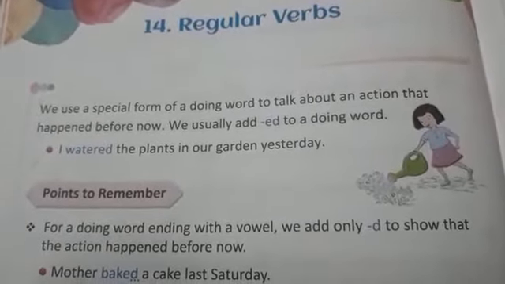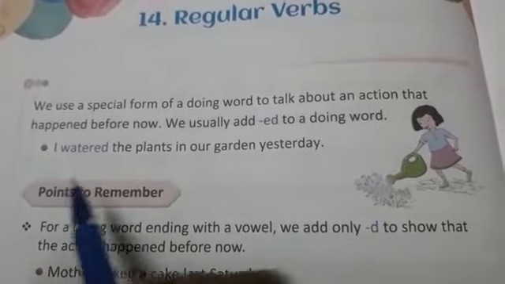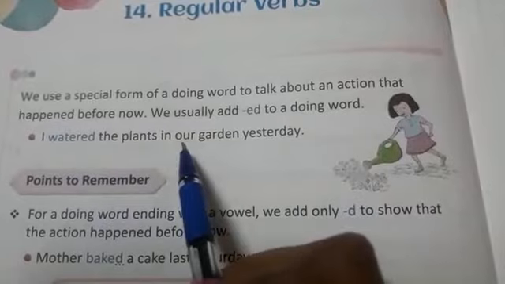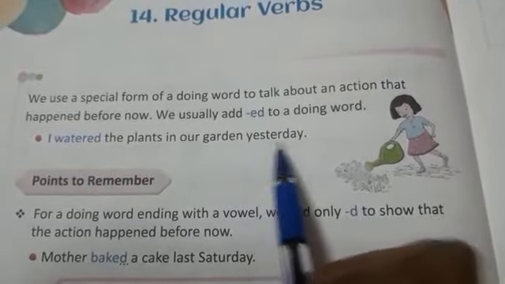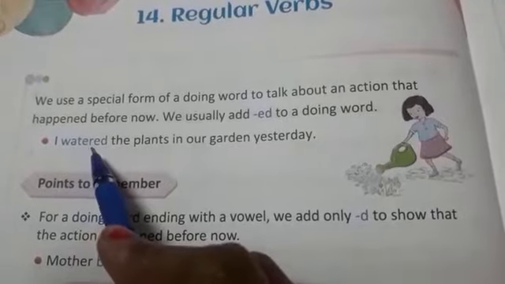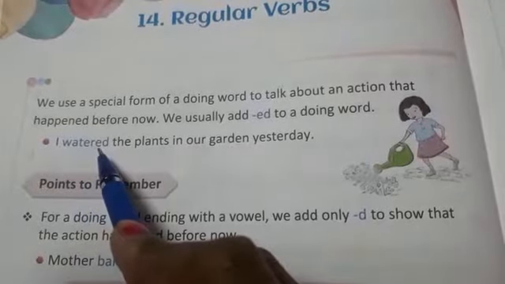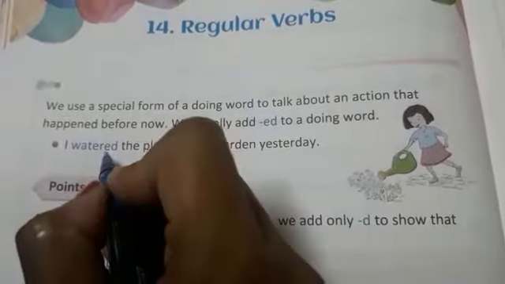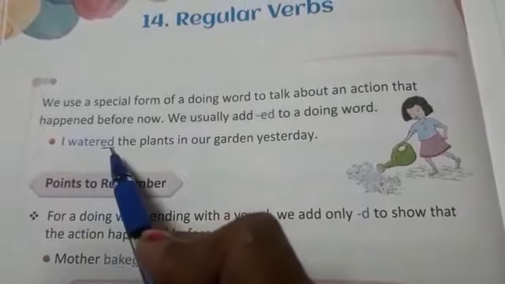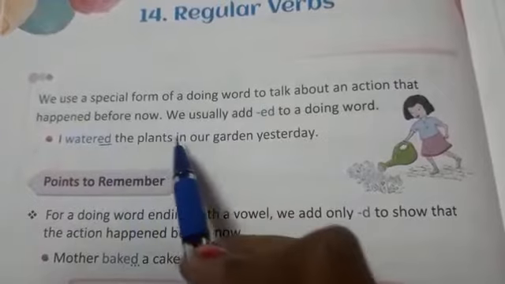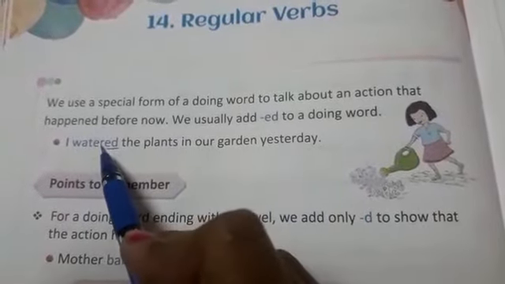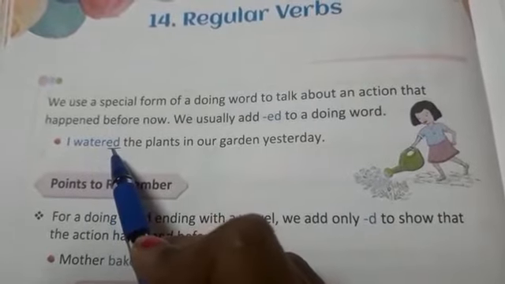Okay, now we'll see the example. I watered the plants in our garden yesterday. Here you can see water. Here they have added ed at the end. So this word becomes watered. Watered is an action word.